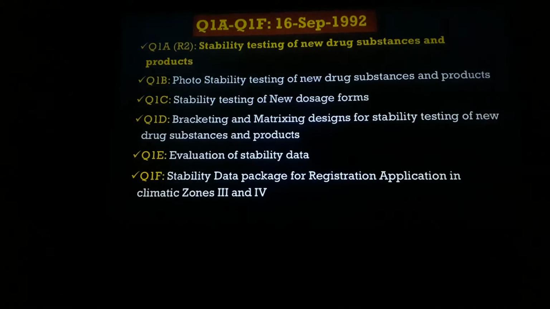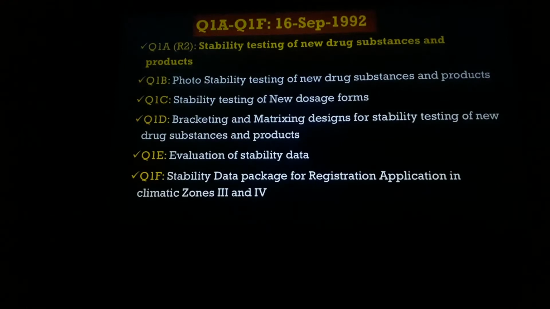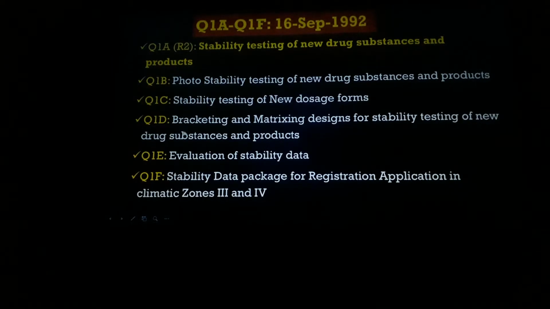The stability study guideline Q1 is classified into six sections. Q1A is stability testing of new drug substances and products, Q1B is photostability testing of new drug substances and products, Q1C is stability testing of new dosage forms, and Q1D talks about bracketing and matrixing designs for the stability testing of new drug substances and products.